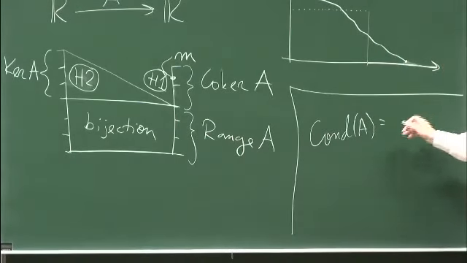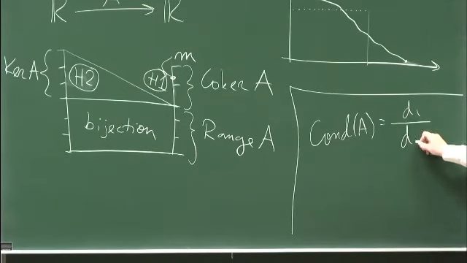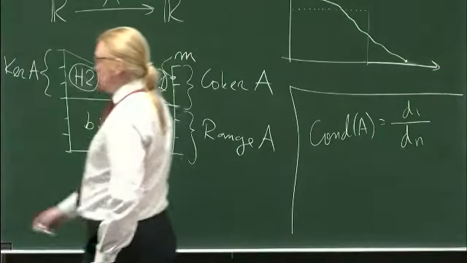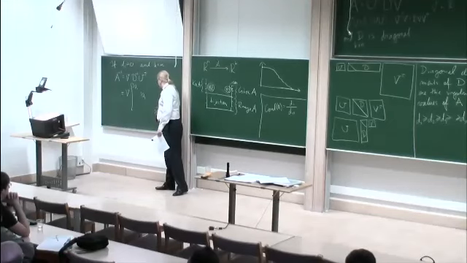Condition number of a matrix is defined in this way. And if this is big, then we are dealing with very unstable inversion, because any noise in the data will be multiplied by very large numbers.